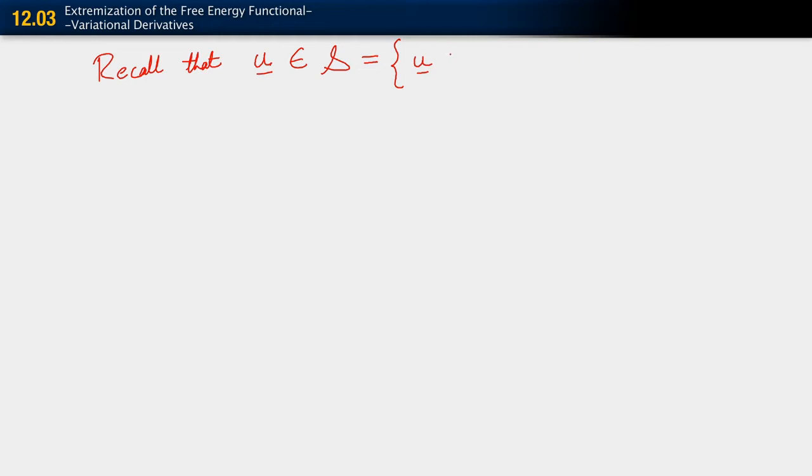So S consists of all u such that, the vertical bar means such that, u of x, comma t, equals u bar of x, comma t, on the displacement boundary. u bar is just our displacement boundary function.